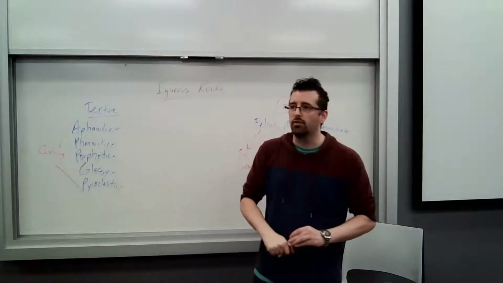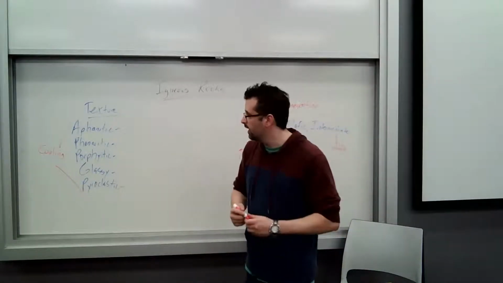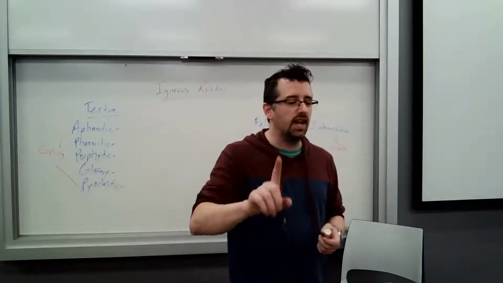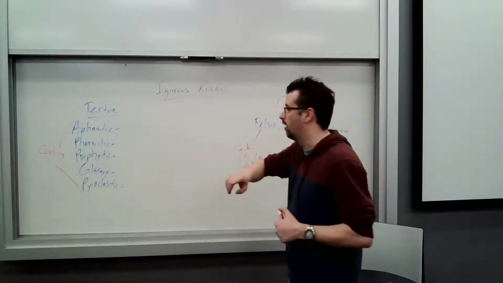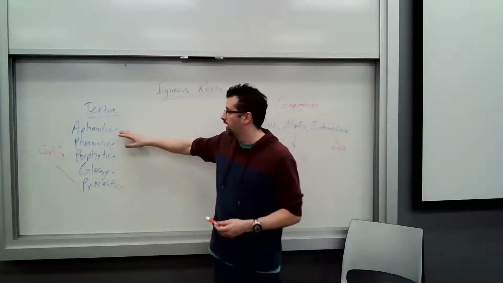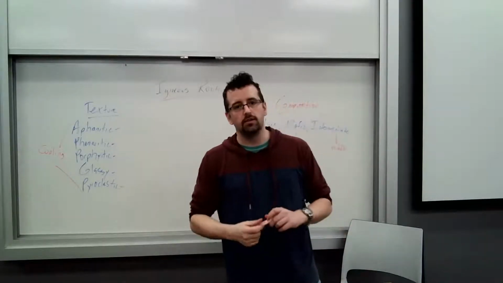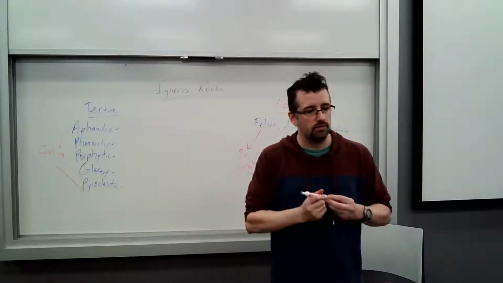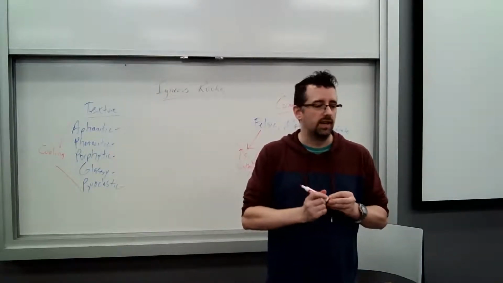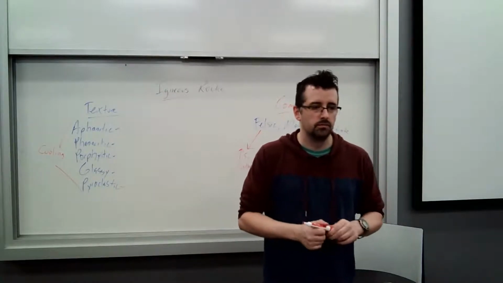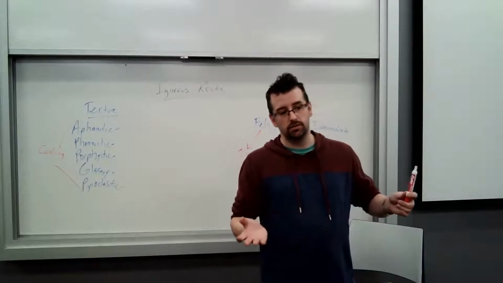So an aphanitic rock, I will only ask you one detail. Just give me one detail about each of the textures. So, an aphanitic rock, how would you know it's aphanitic? What does it have in terms of maybe the size of its crystals?